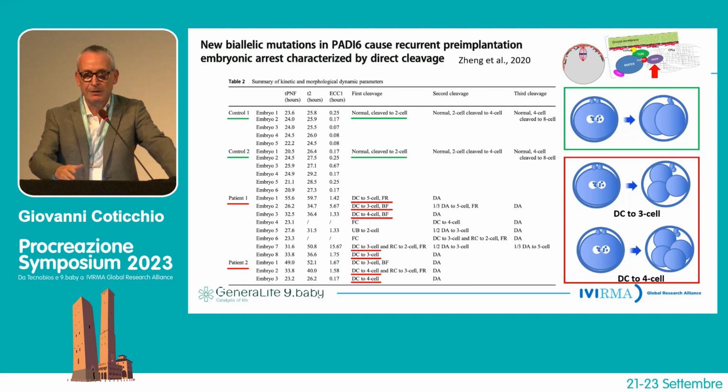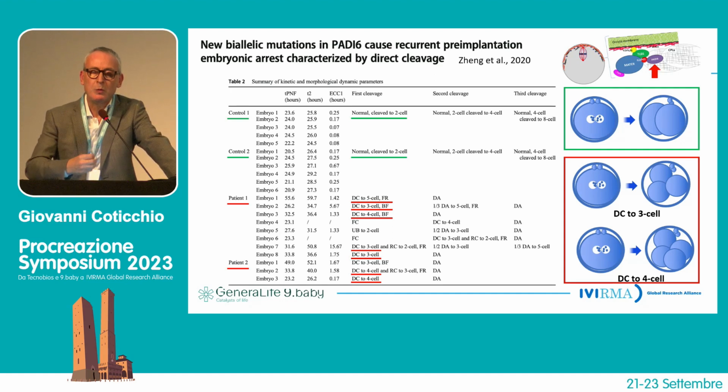Now, the controls of this case report are shown in green and indicate how, in the absence of this mutation, early development usually occurs normally, with normal divisions from the zygote stage to the early two-cell stage. But when patients present with this mutation, there is a very high frequency of abnormal cleavage, especially trichotomous cleavage or, even more seriously, cleavage into 4 cells.